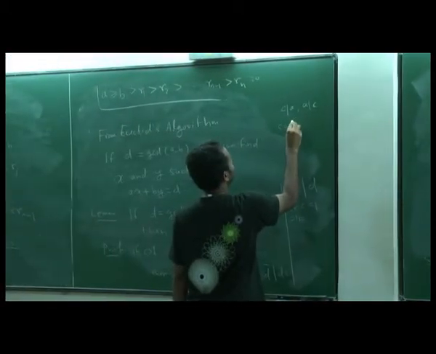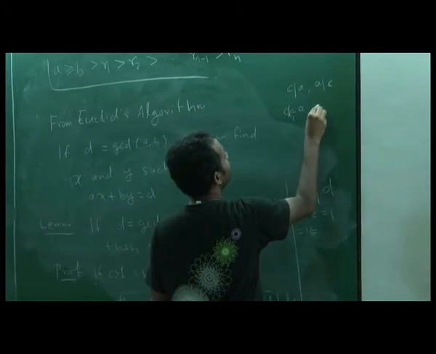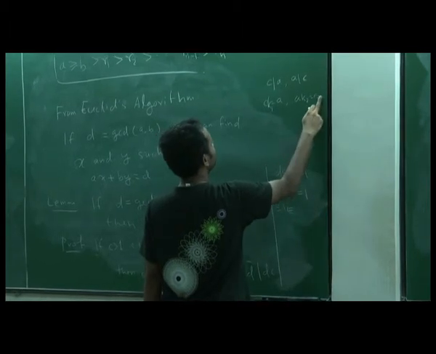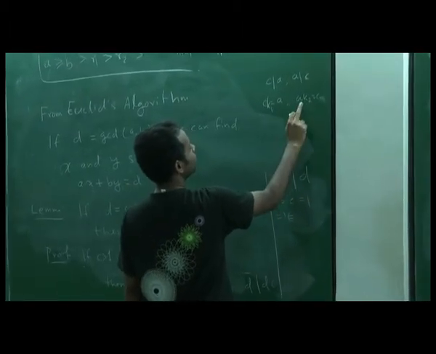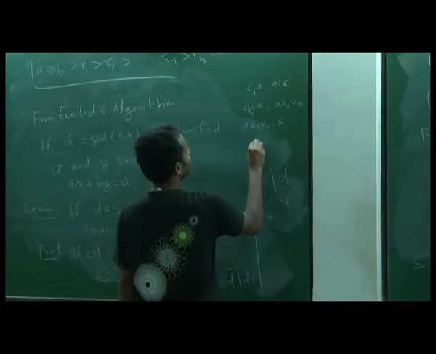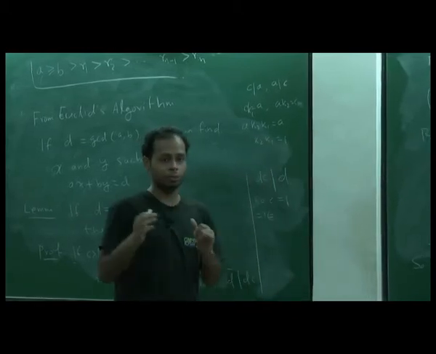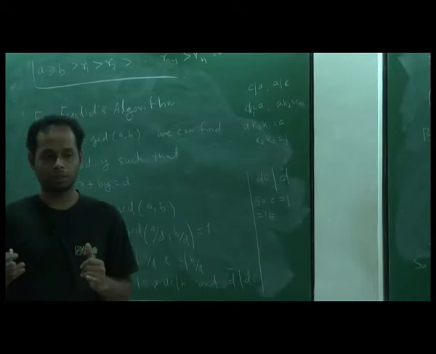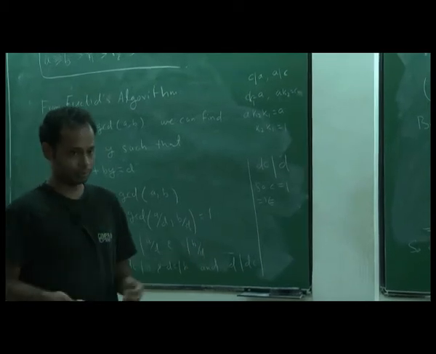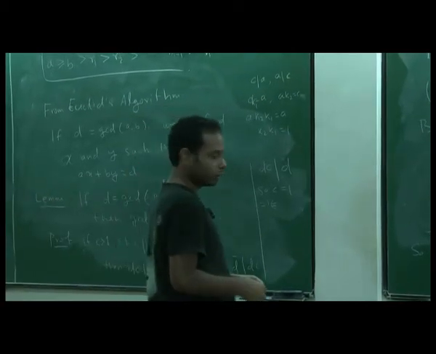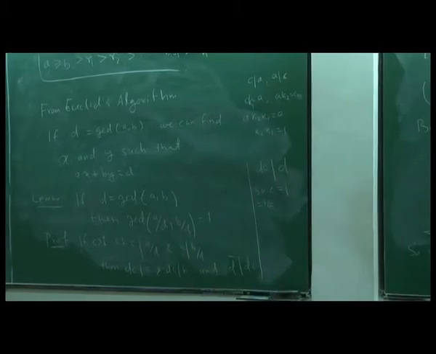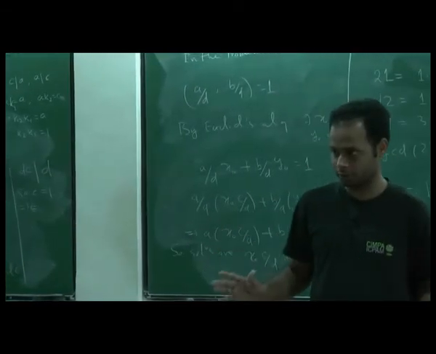A equal to CK1 and C equal to AK2. Now put this value of AK2 into C. So I get A times K2 times K1 equal to A. K2 times K1 equal to 1, and K2, K1 are both positive integers, so their product is 1, so they must be 1. So C equal to A. DC divides D, we just take it. So DC equal to D. That means you cancel the D, you get C equal to 1. Okay, so this is clear to everyone, right?